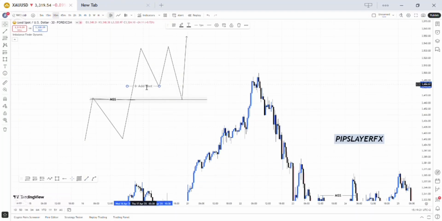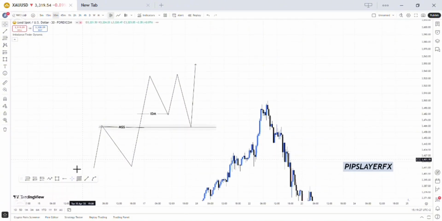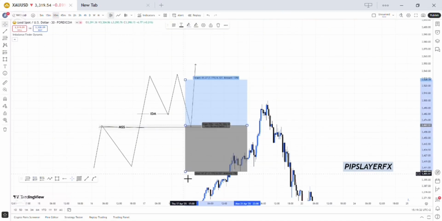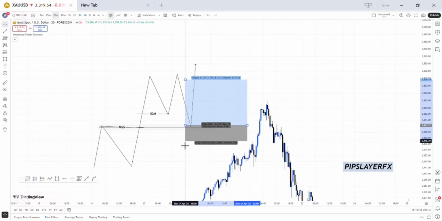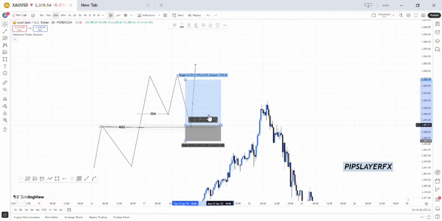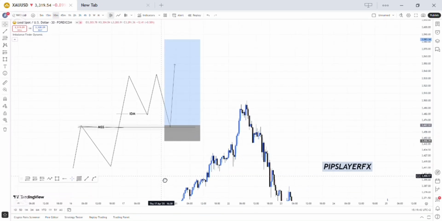Quickly write it down, IDM. Now, this is the nearest POI where you should be taking your buys from. Your SL goes at the low of the breaker block, because that is the POI we are using here. This is the inducement strategy trading setup.